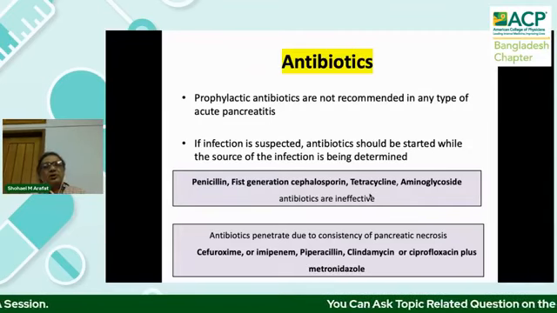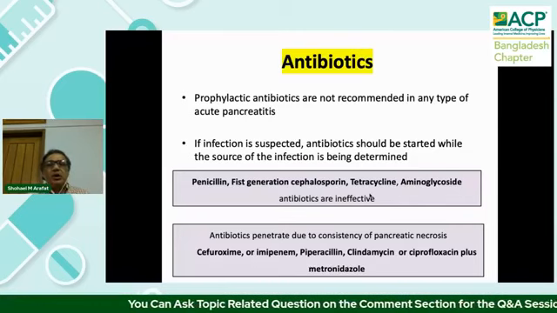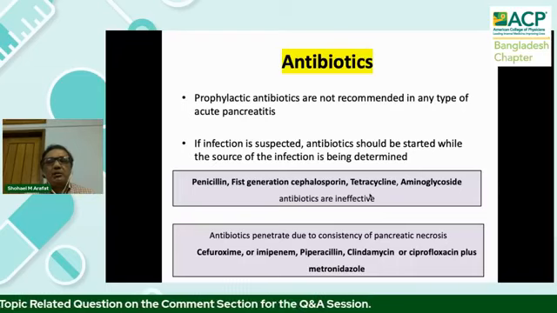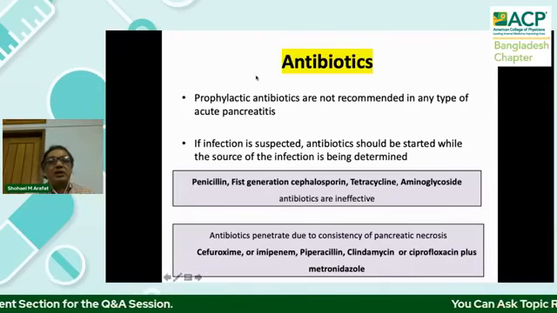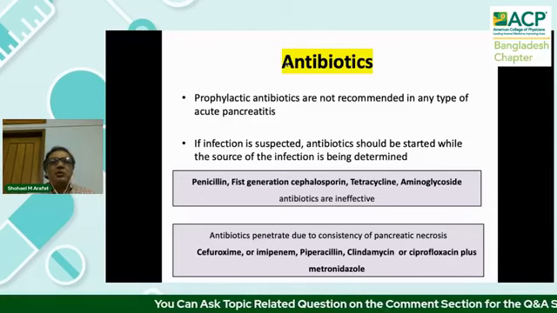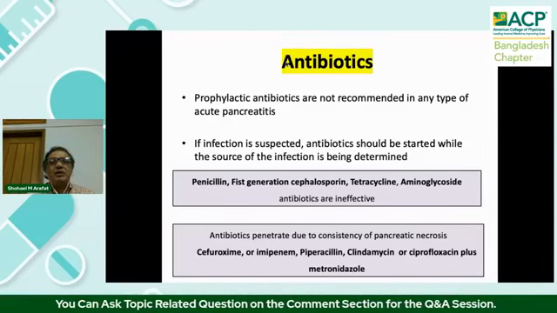Another important issue is antibiotics. I would like to share one comment by our genius internist, the father, grandfather of medicine, Sir William Osler. He said the difference between man and animal is that man wants to take medicine, animal does not.